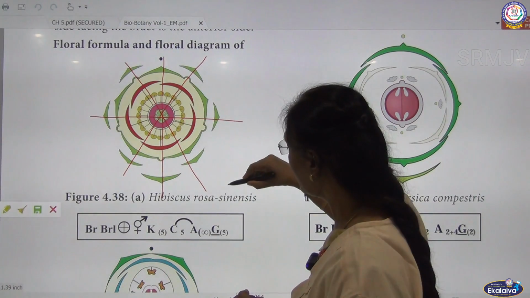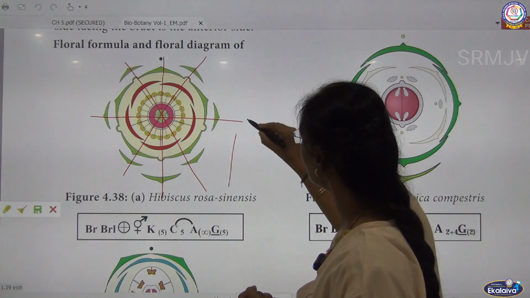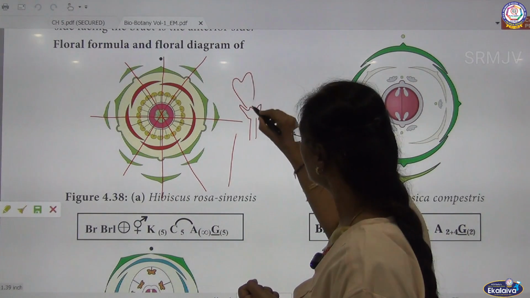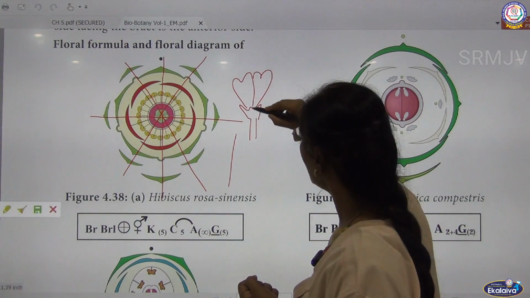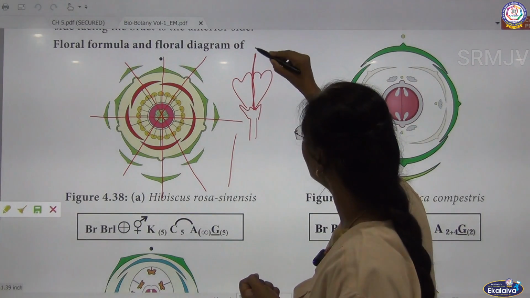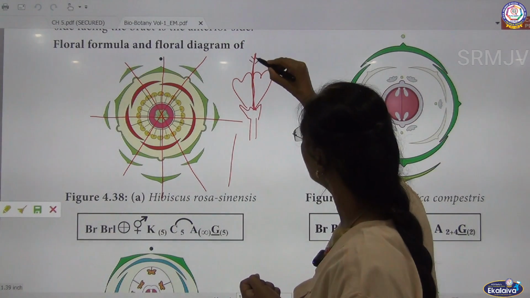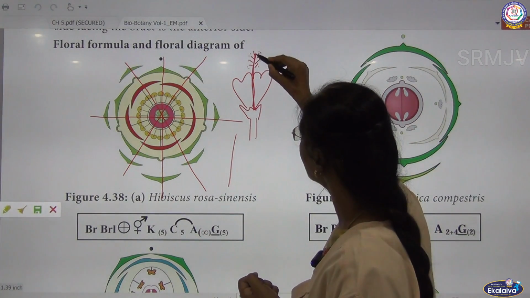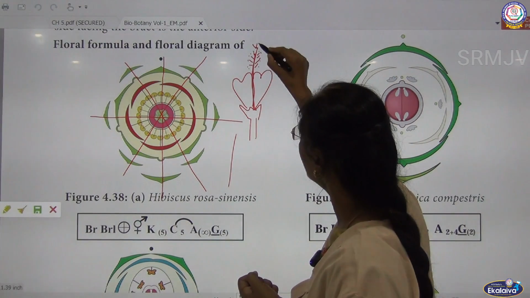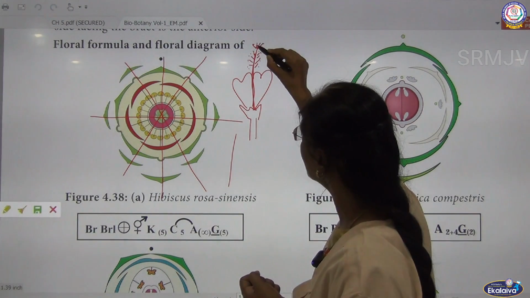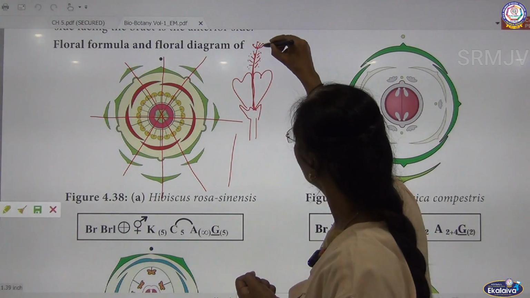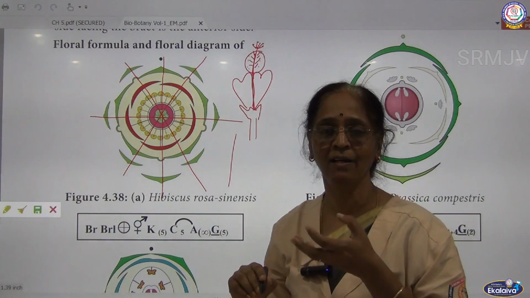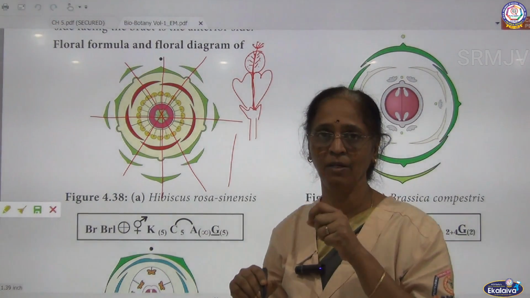In Hibiscus rosa-sinensis, you will find that this is the calyx, this is the corolla, and here you will find this is the staminal tube on which you will find anthers, this is the androecium, and here you will find the stigma. Here all the anthers are on a staminal tube.